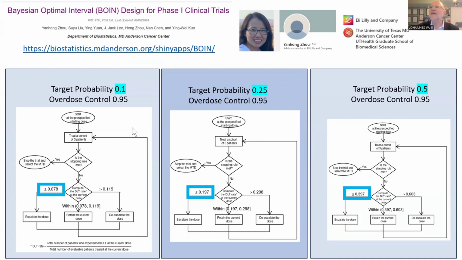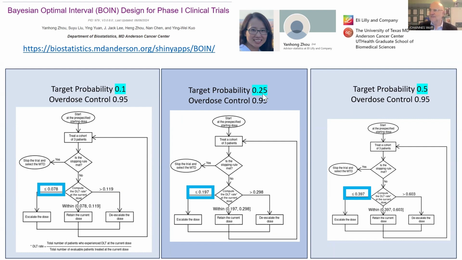So here's the flow diagram that we showed before. Here I've entered the target toxicity probability of 0.1 versus 0.2 versus 0.5, and you see this number and that number changing. If you only allow a target toxicity profile of 10%, then 0.04 is the number below which you think it's too low. Otherwise, it's 0.19.